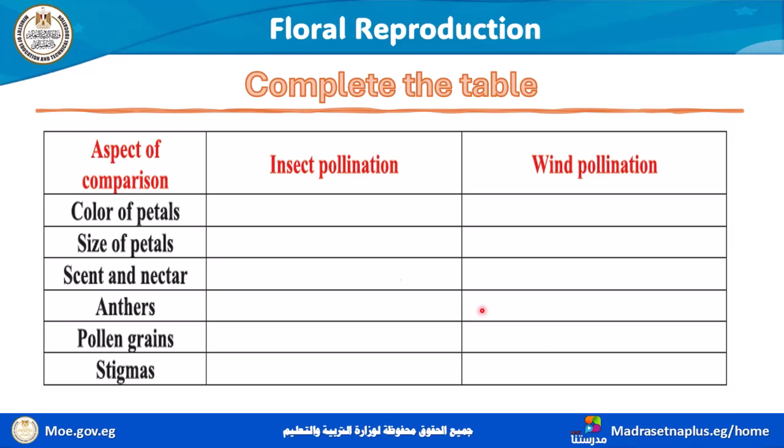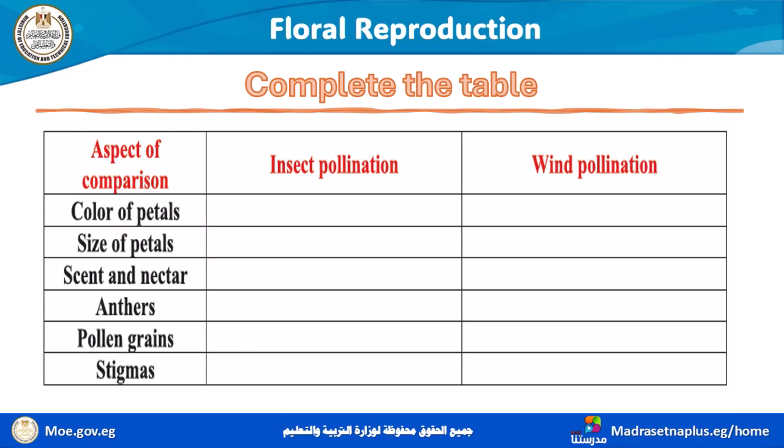We have the aspect of comparison for insect pollination and wind pollination, and we have different points of comparison, which are the color of petals, the size of petals, the scent and nectar, the anthers, the pollen grains, and the stigmas. Let's begin with the first point of comparison, which is the color of petals.